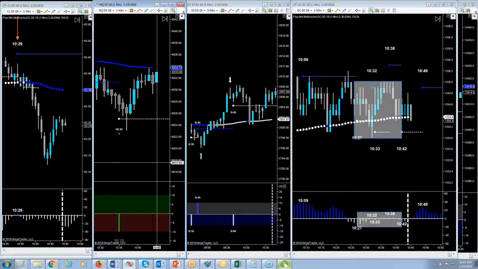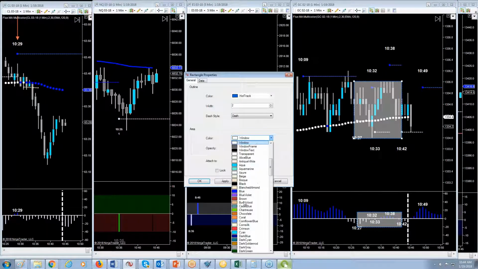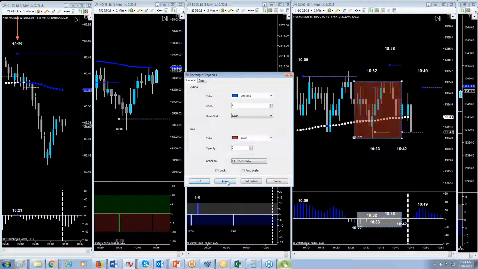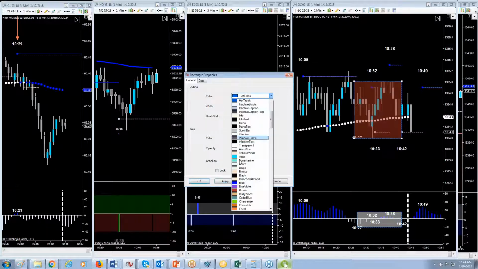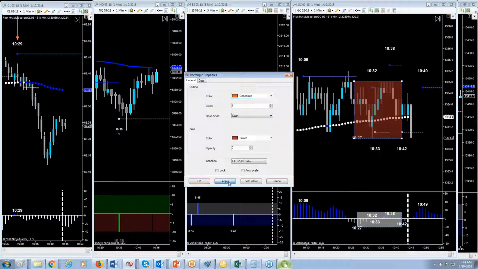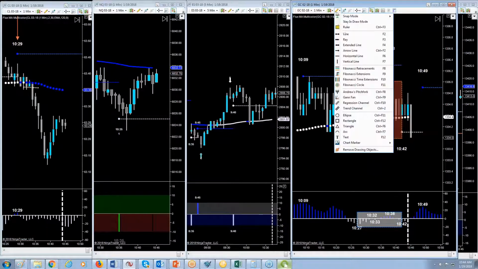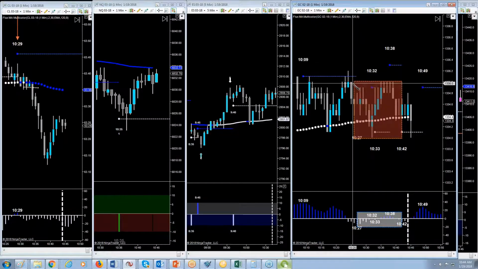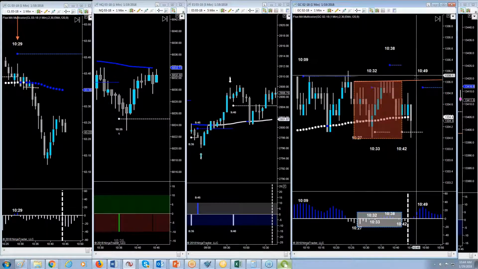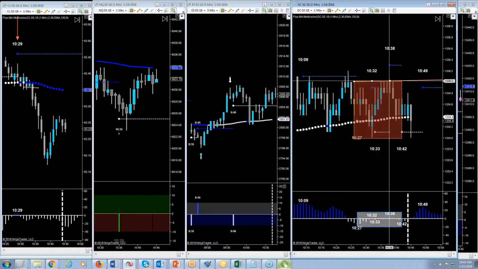Okay, we're on the other side of the GC chop zone. So this is where people are being chopped and hacked to death. We'll make it brown because there's nothing sexy about brown in terms of a trading platform. And Earl, this is one of those repetitions of the DAX entry when we have a chop zone like this.